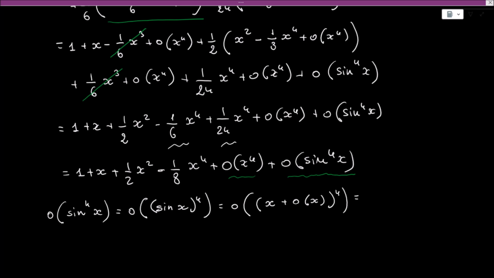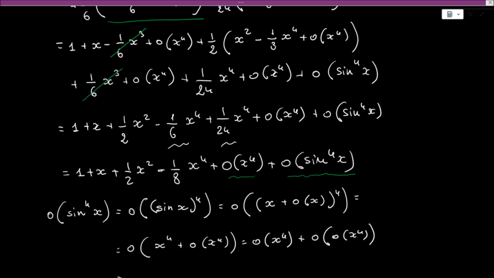Okay, but clearly when we develop the power, what we have is that the only thing that will remain is x to the fourth, and of course this will be little o of x to the fourth, right? Now, expanding this, we have little o of x to the fourth plus little o of x to the fourth. And by the properties of little o, we know that this is little o of x to the fourth. So this will conclude the proof.